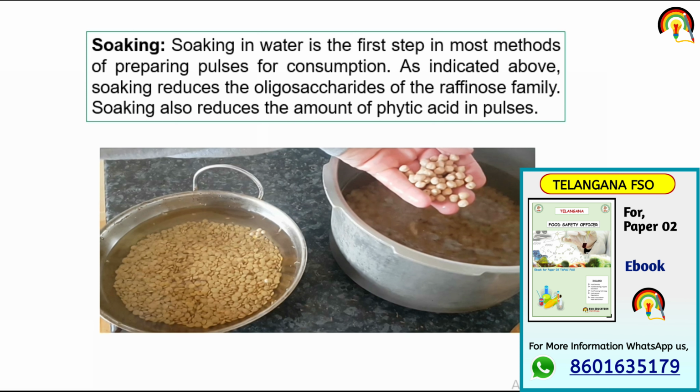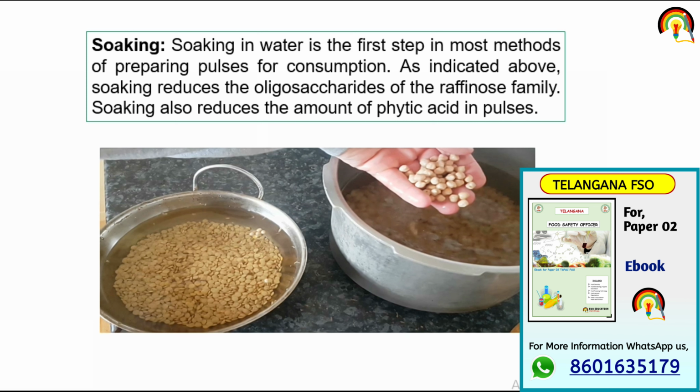First one is soaking. Soaking in water is the first step in most methods of preparing pulses for consumption. As shown in the picture, the pulses are soaked in water for consumption purpose. As indicated above, soaking reduces the oligosaccharides of the raffinose family.